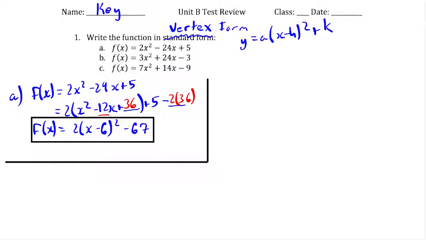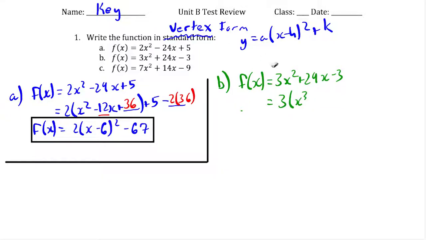For part B, we have that f of x is equal to 3x squared plus 24x minus 3. So yet again, what we want to do is factor out the leading coefficient, which is a 3. So we're going to have 3 times parentheses x squared plus 24x divided by 3 is 8x plus something, minus 3 on the outside minus something.